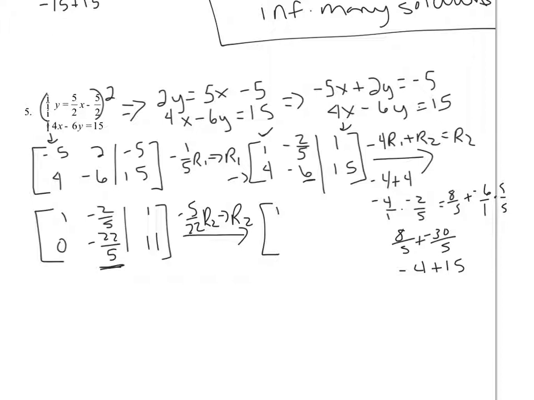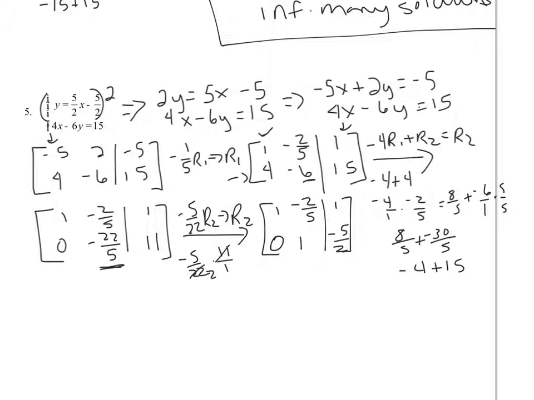So my top row is still this, hadn't changed. But my bottom row, negative 5 over 22 times 0 is 0. Negative 5 over 22 times negative 22 over 5 is a positive 1. Now I need to take a negative 5 over 22 and multiply it times 11 over 1. And 11 will go into 22 2 times. I get a negative 5 halves.